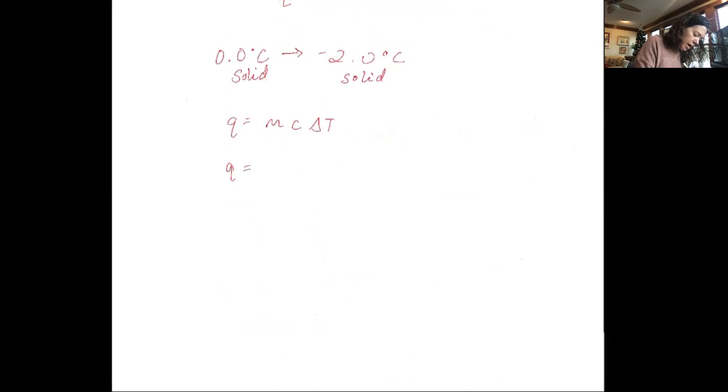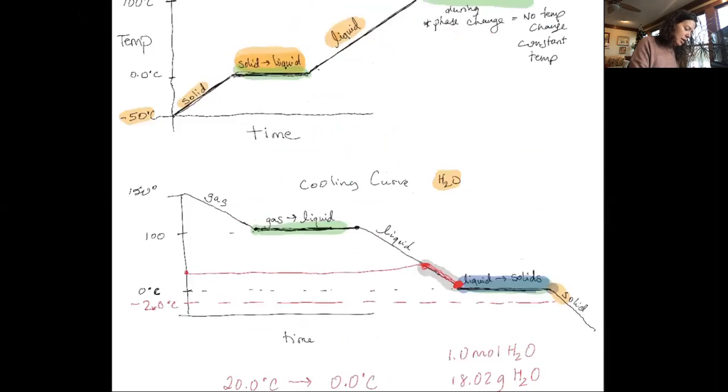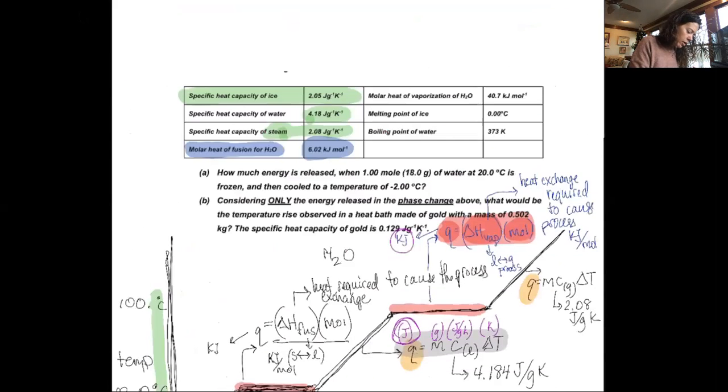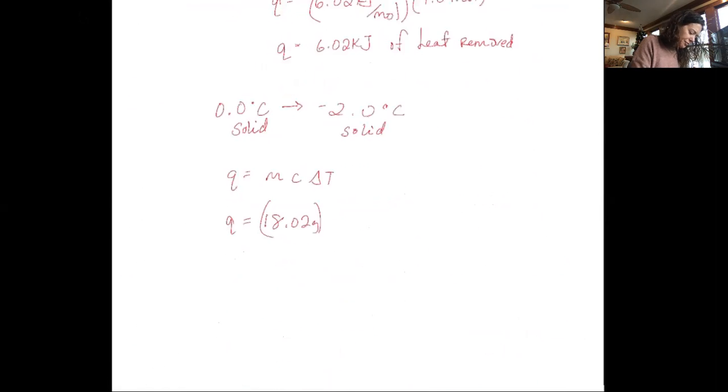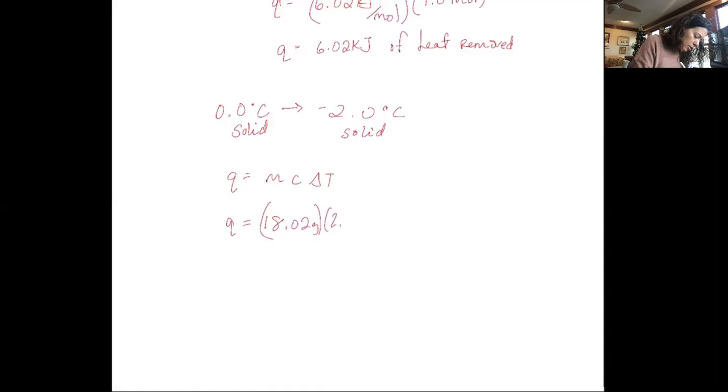Q equals the mass, that was the 18.02 grams. C, the specific heat of water as a solid up here was 2.05 joules per gram Celsius.